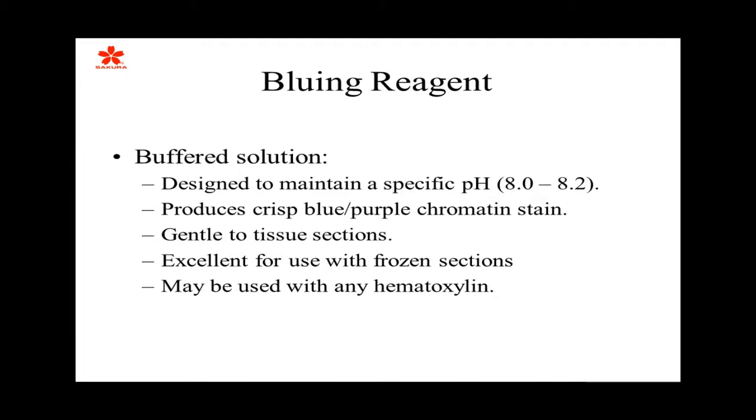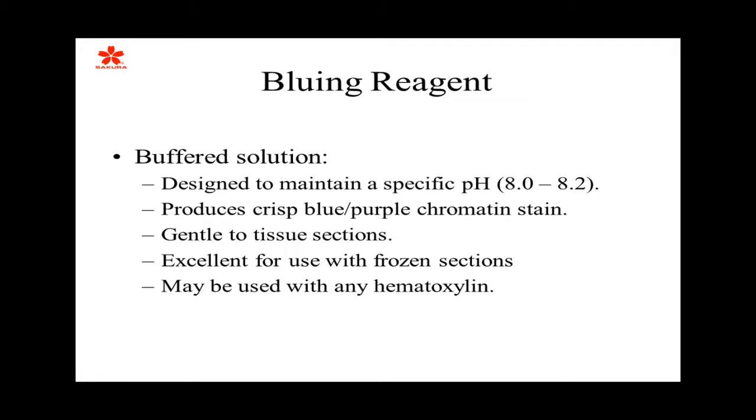Buffered solutions are designed to maintain the pH at 8.0 to 8.2. This is another reason for using a staining system, because that pH will remain the same. It produces the same intensity in the chromatin material. It's gentler on the sections, and it's excellent with frozen sections and may be used with any hematoxylin.